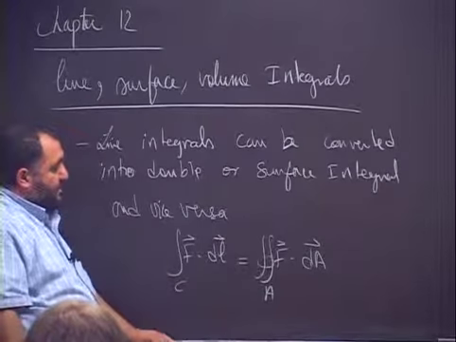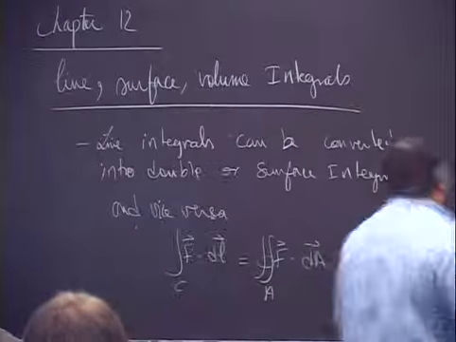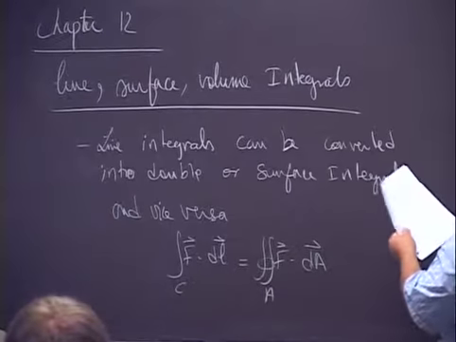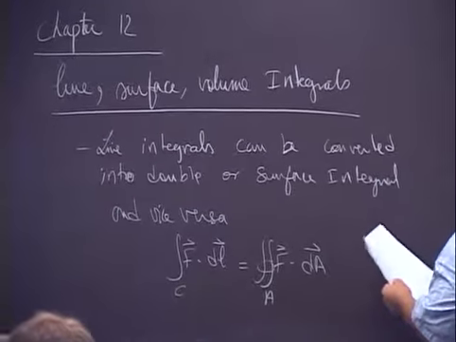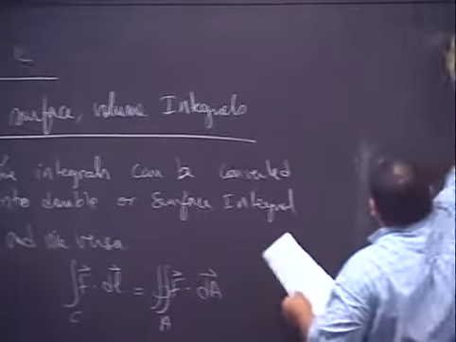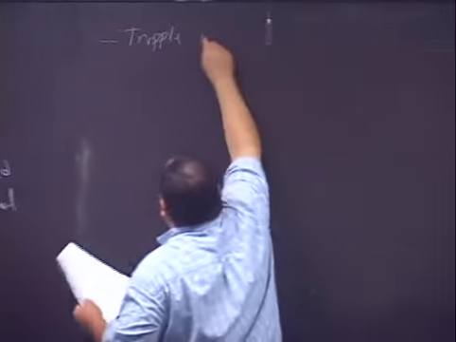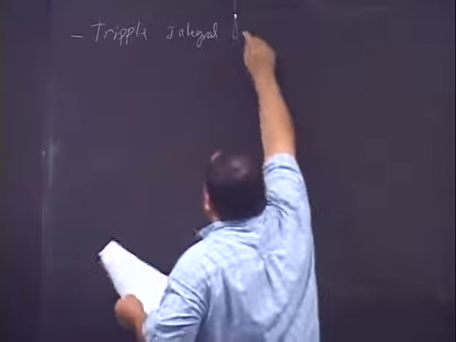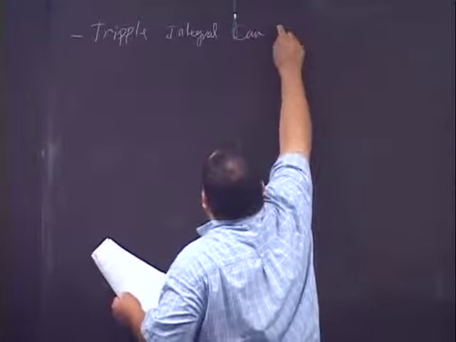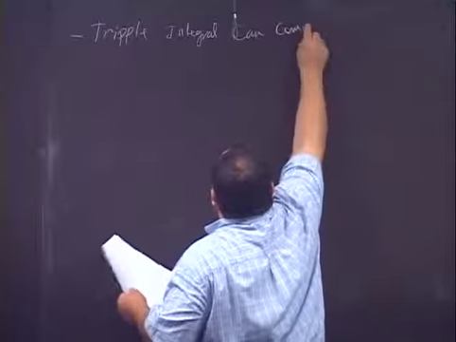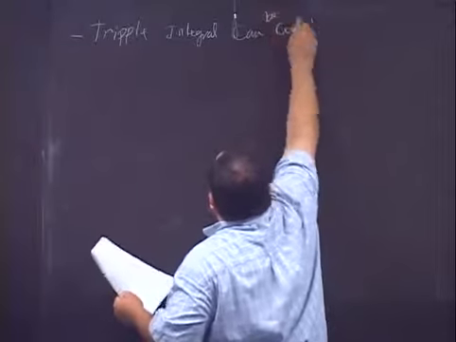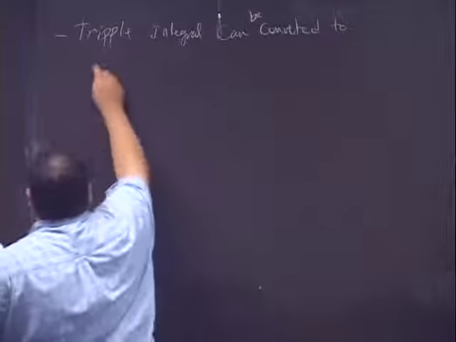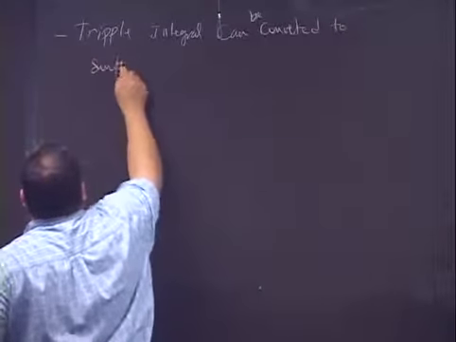And of course we will come later during this chapter on how to derive this. Sometimes you will have triple integrals, and you can convert them to surface integral and vice versa also.